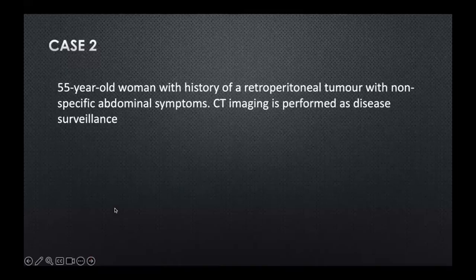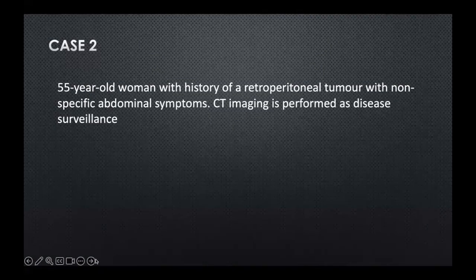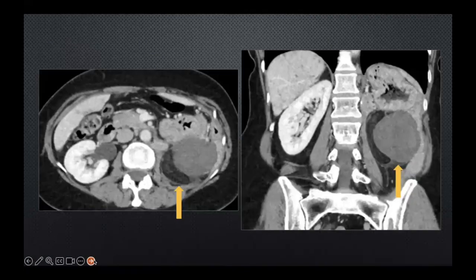So case number two, we have a 55-year-old woman with a history of a retroperitoneal tumor and non-specific abdominal symptoms. We performed a CT for disease surveillance. The first thing we asked you was, what do you think about this tumor in the left retroperitoneum?